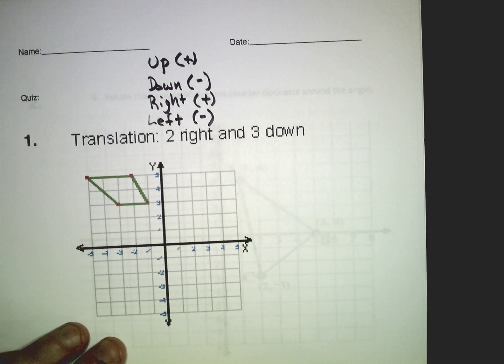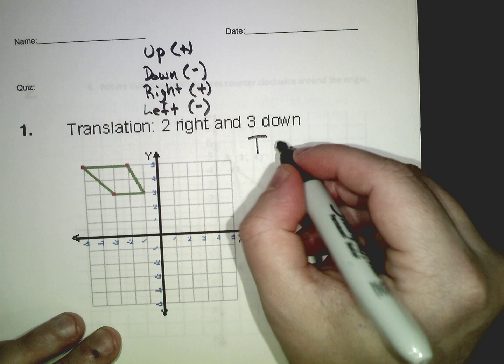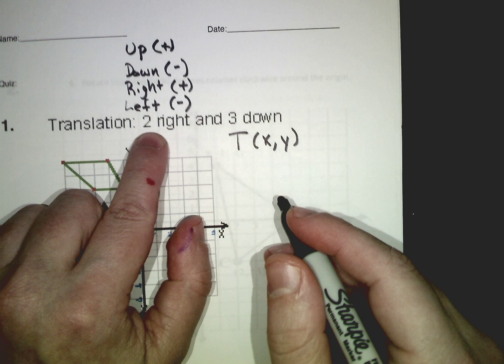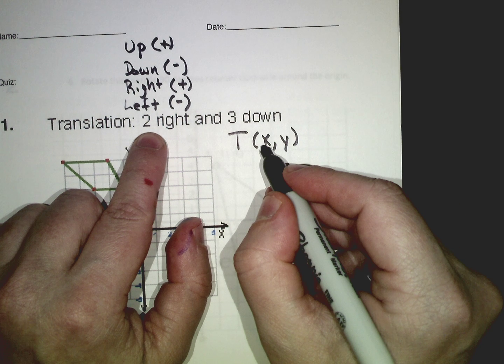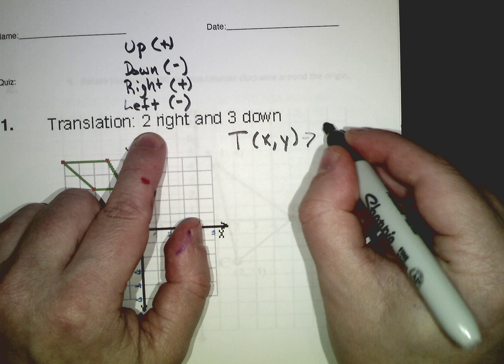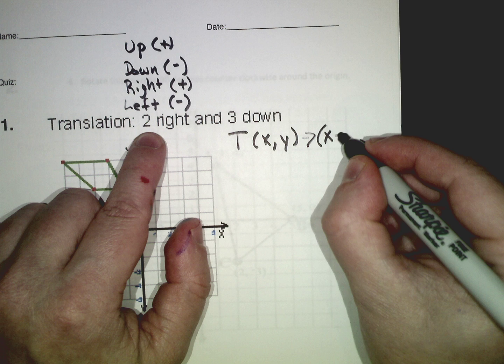Now, our translation here, what we're doing when we're taking it from x to y, we're going right. That's the x direction. Right, left is our x direction. So that means I am going to take x, whatever x is, and I'm going to add 2 to it.